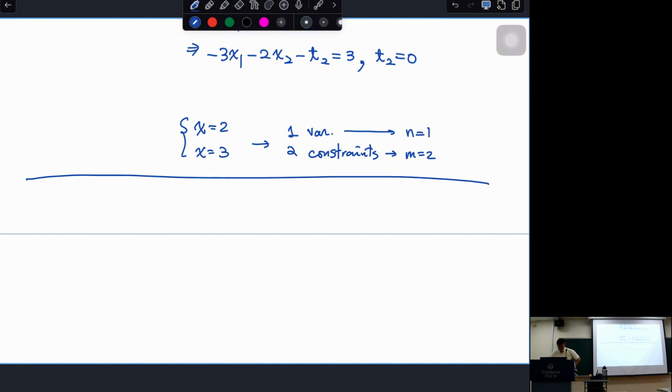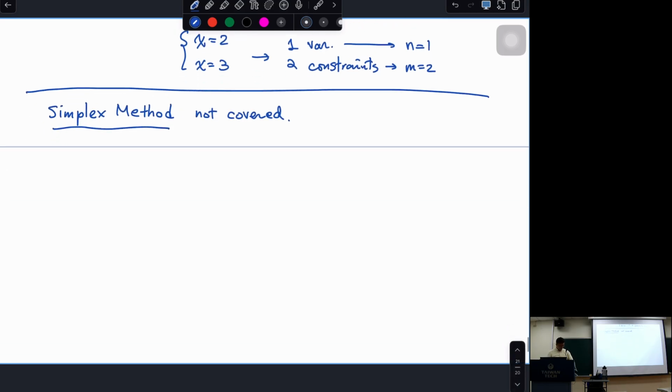The other method that I'm not going to introduce is called the simplex method, so not covered in the class.